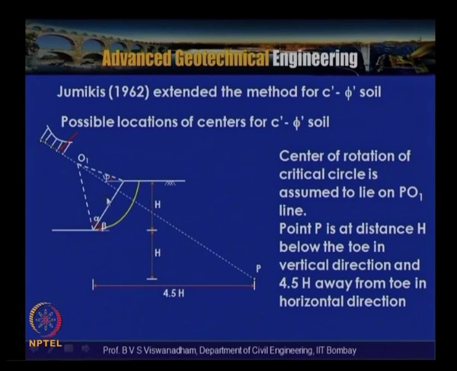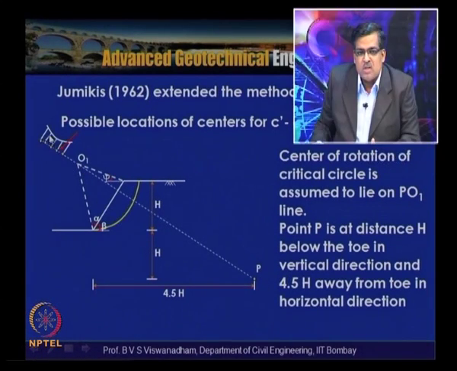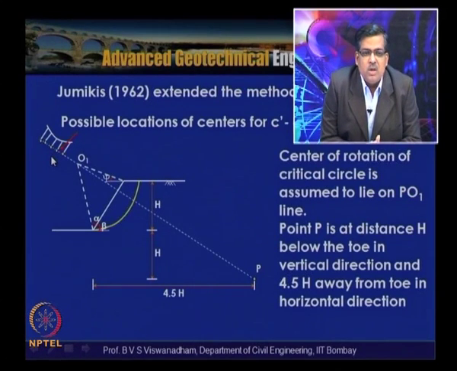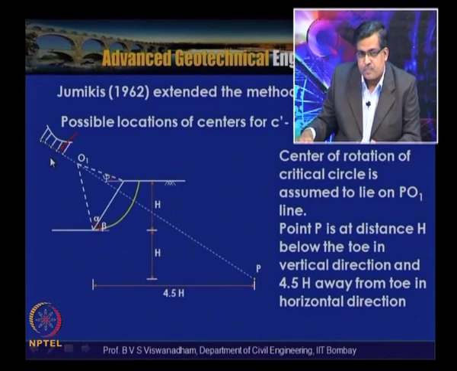When you draw the line, the envelope where it meets this line gives the different factors of safety, and the one which gives the least factor of safety is selected as the possible potential failure surface.